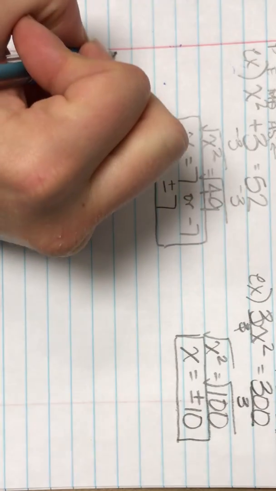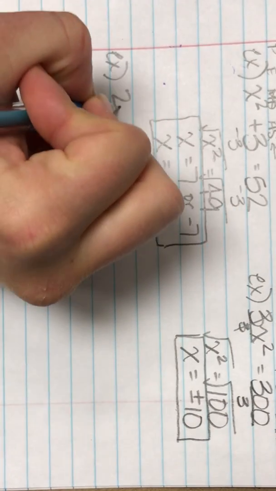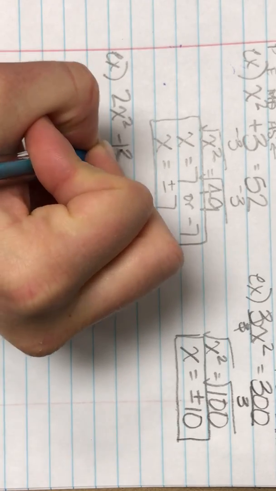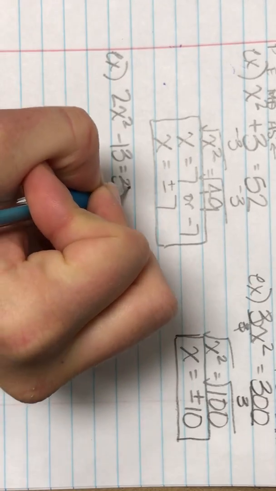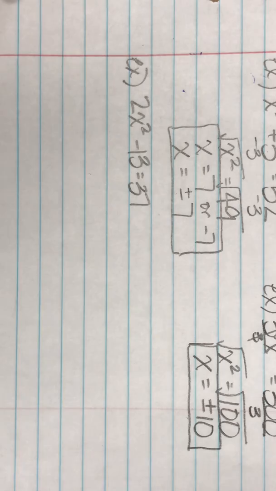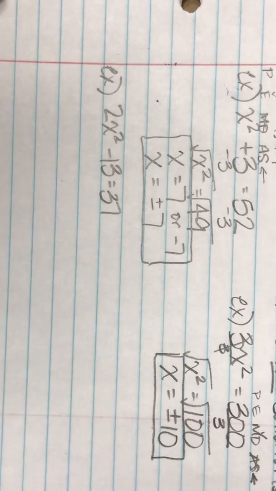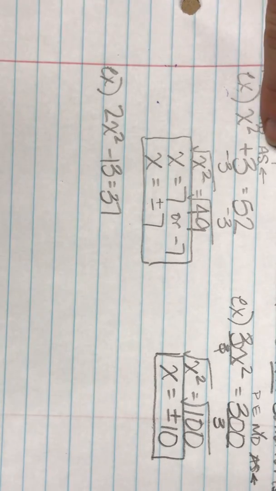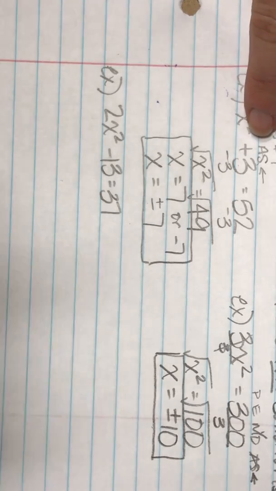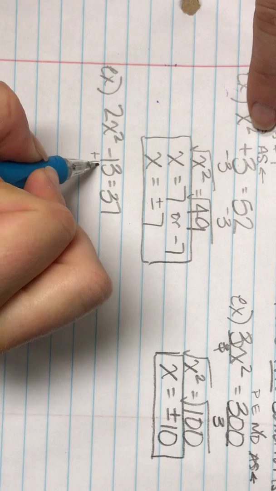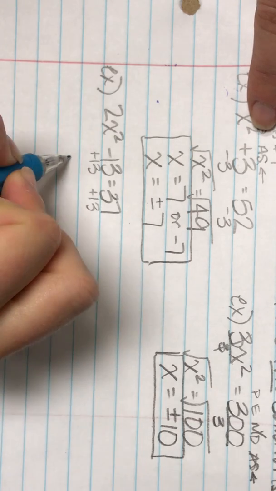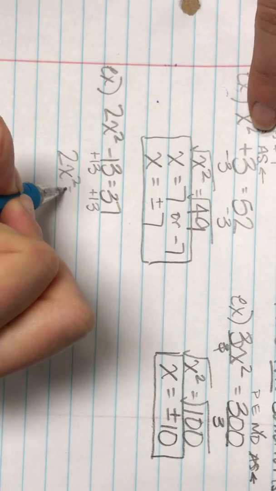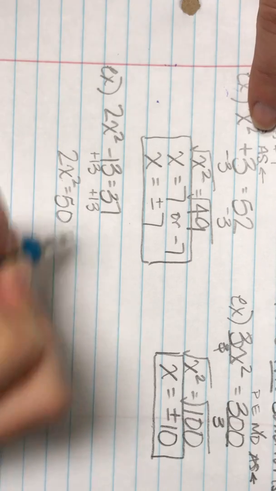All right. If we go with 2x squared minus 13 equals 37, it's the same basic concept. I'm still using PEMDAS, so I'm a math person. I don't want to rewrite stuff. I'm just going to use this one up here. Addition and subtraction first means I would inverse with a plus 13, which means 2x squared has to equal 50.